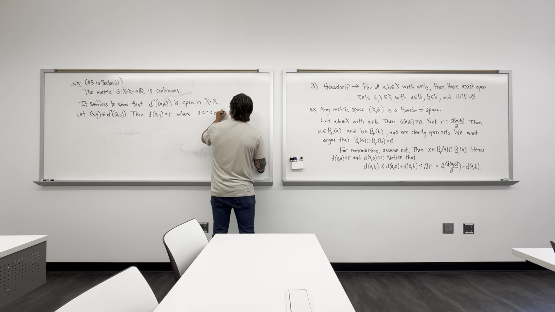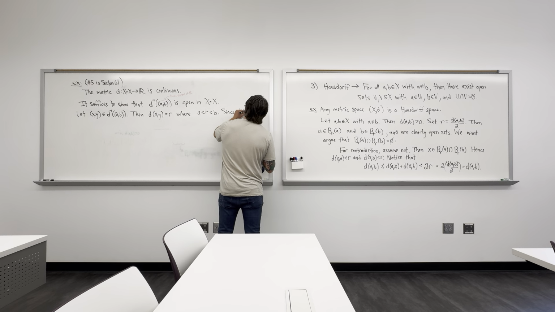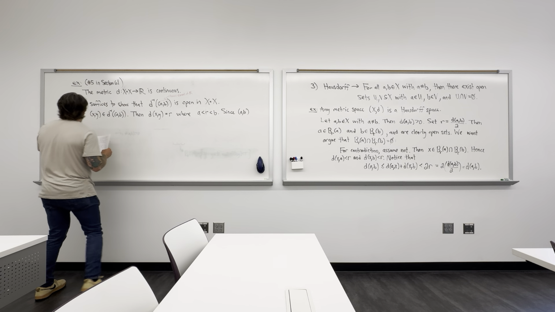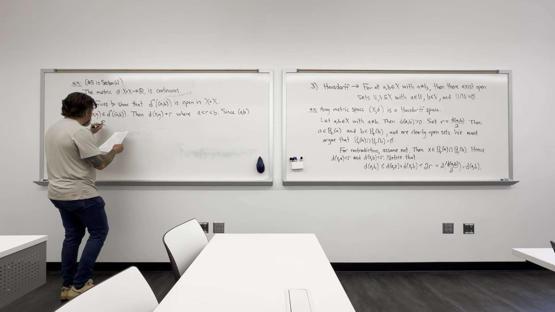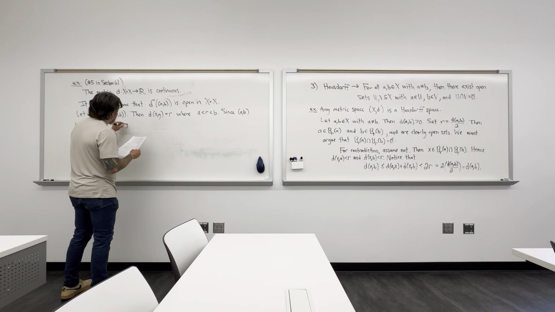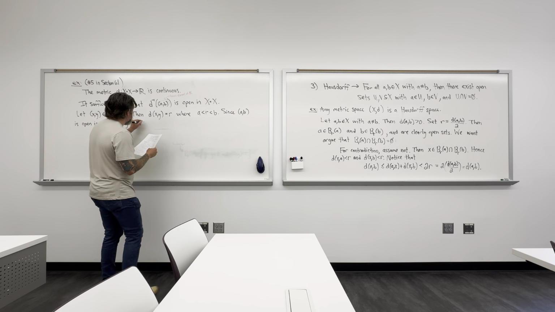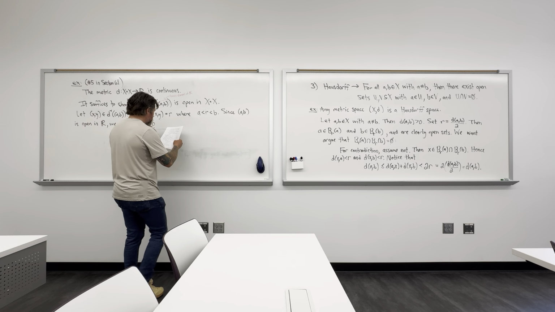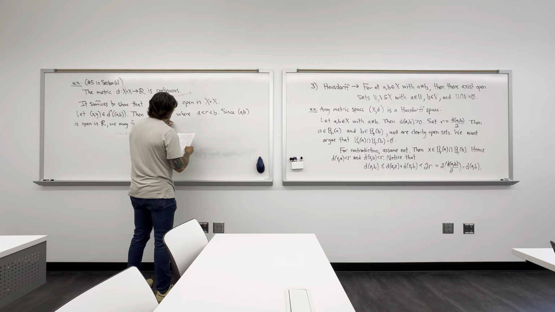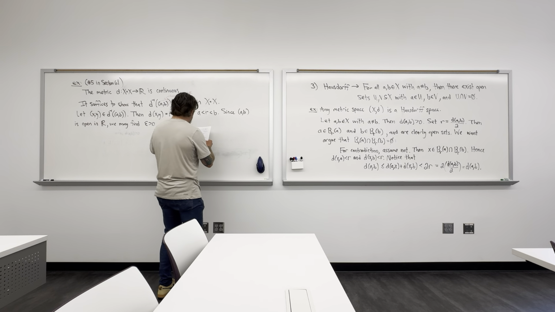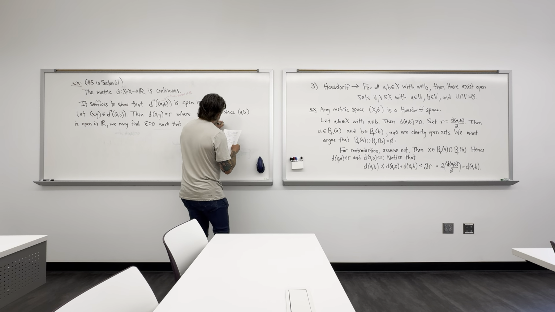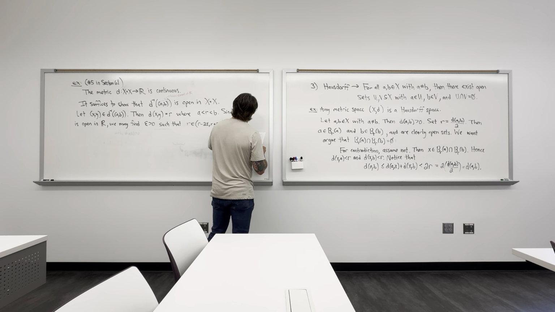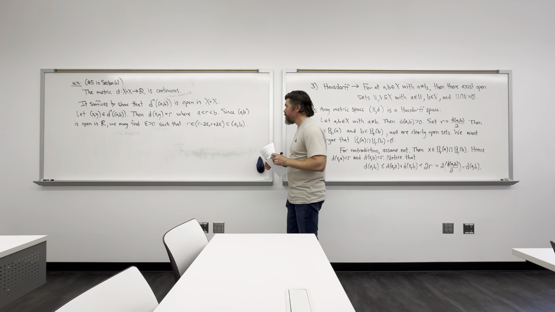Now, since (a,b) is open in R, we may find epsilon greater than 0 such that r is an element of (r minus 2 epsilon, r plus 2 epsilon), which sits fully inside of this set.